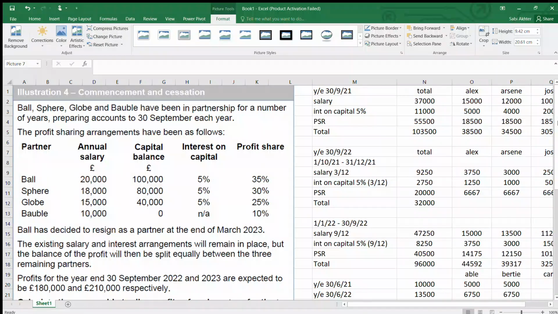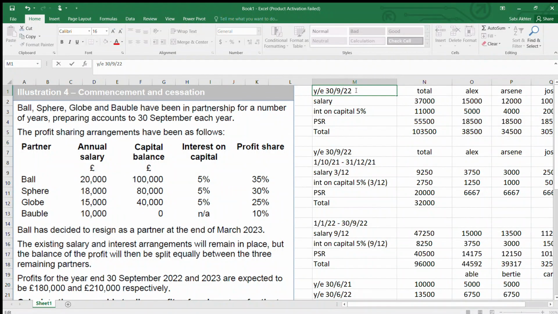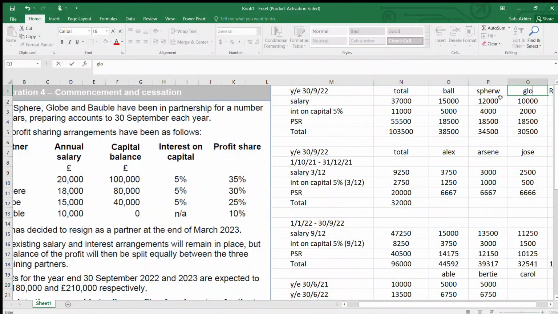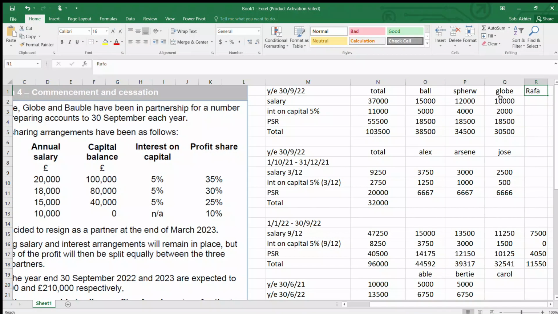We will be doing this a little quicker than before because speed also matters a lot. Okay. So here we need the year ended 30th September 2022. Total is given. Just change the names: Paul, Spare, Globe, and Power.